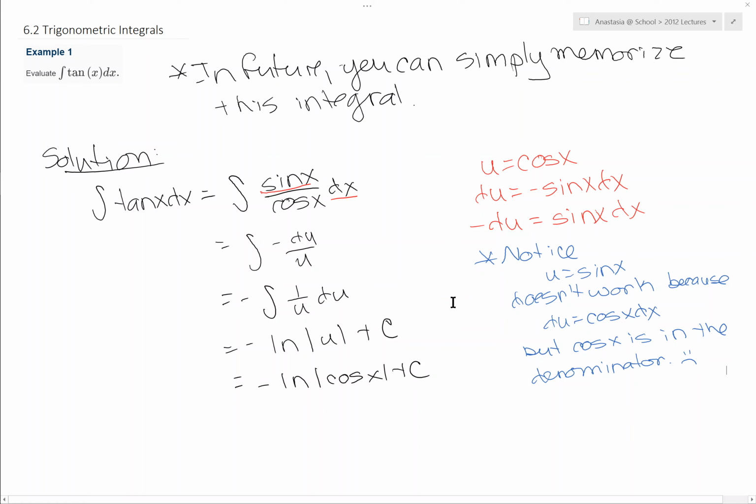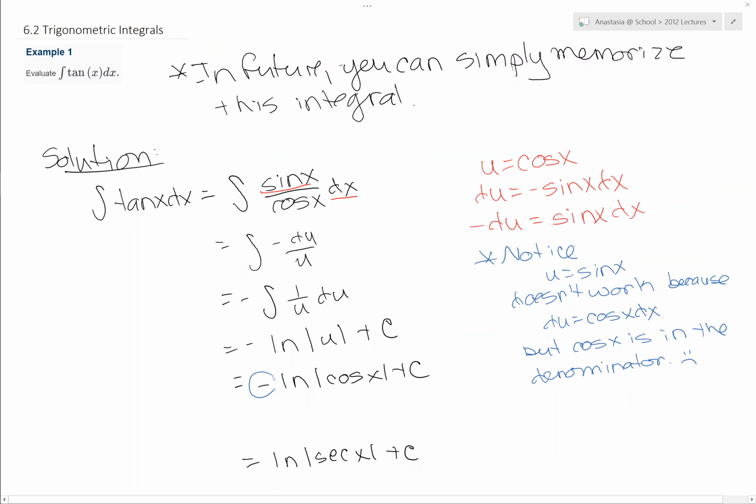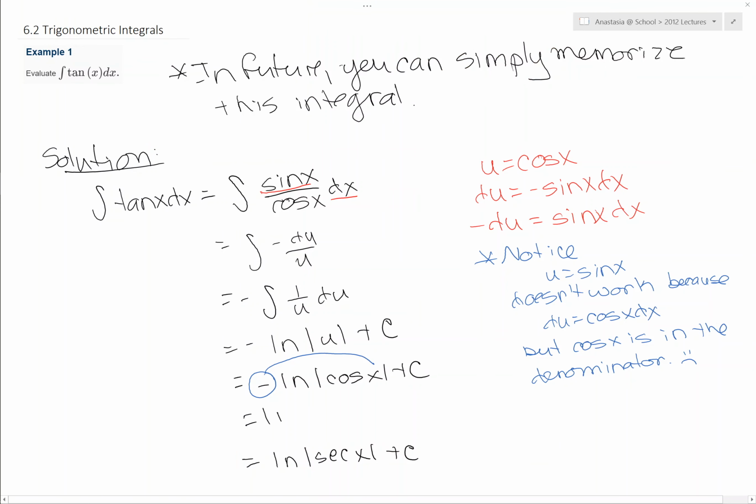You will also sometimes see it written as natural log absolute value of secant x plus c. And this is true because of the fact that we can take the negative and write it as an exponent because of the natural log property. So this is equal to natural log absolute value of the cosine of x raised to the negative 1 plus c, and cosine of x to the negative 1 is just secant of x.